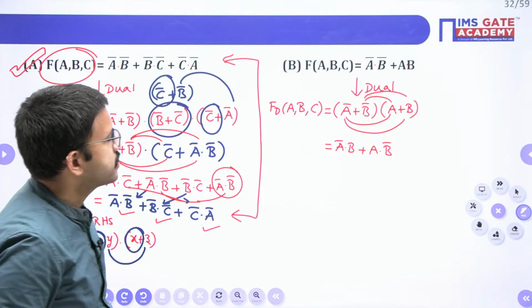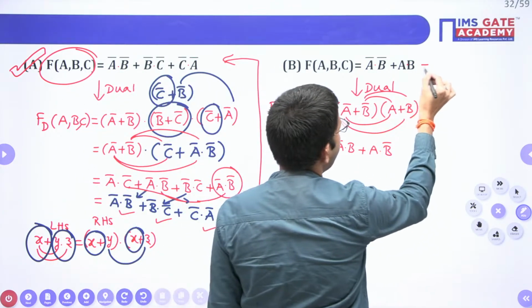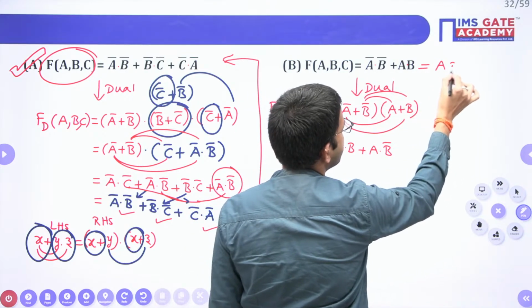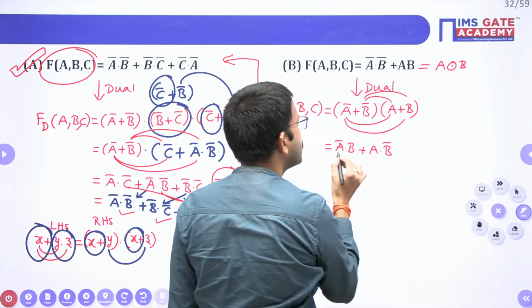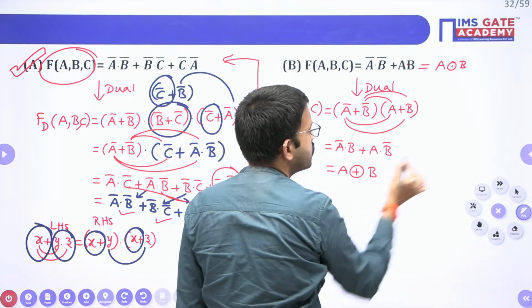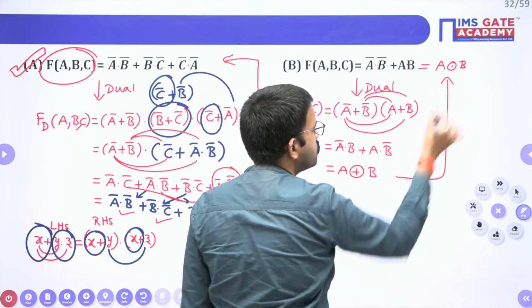If you observe here, A B bar plus A bar B bar plus AB is nothing but A XOR B. Now A bar B plus AB bar is nothing but A XOR B. So that means these two are not same.